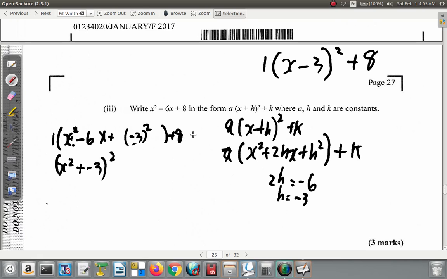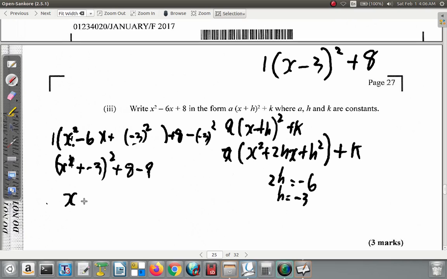So minus negative 3 squared. In this case, I have plus 8 minus negative 3 squared, which is 9. Minus 9. So what I have now is x, oh, I should have a square on this.